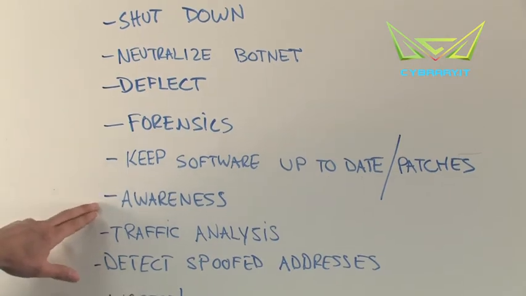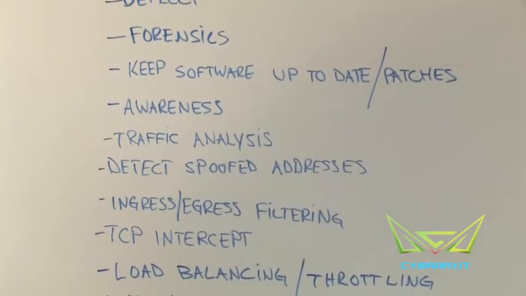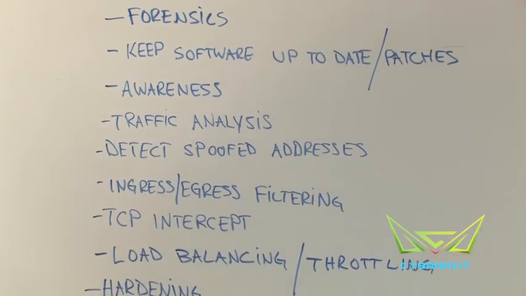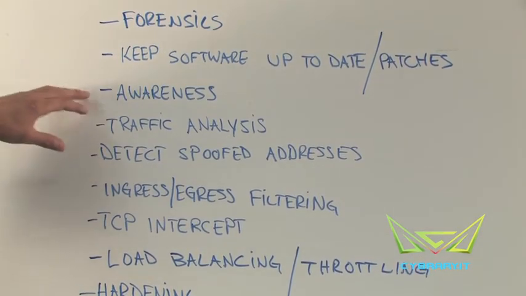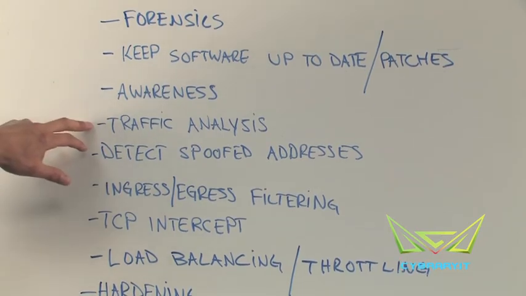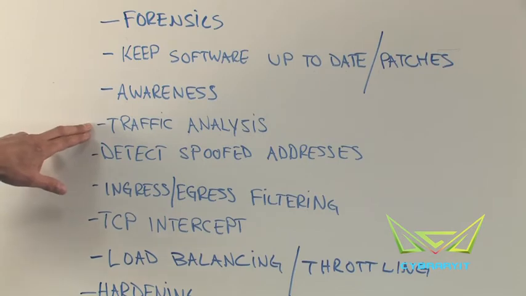Keep your software up to date, the latest and greatest software and patches. Good training and awareness, don't allow people to install software that they don't trust from an unknown source, all of those best practices. From a defensive point of view, you could just actively profile your traffic and see if there's any sort of botnet activity in terms of IP addresses or ports or websites, and perhaps block that in advance.